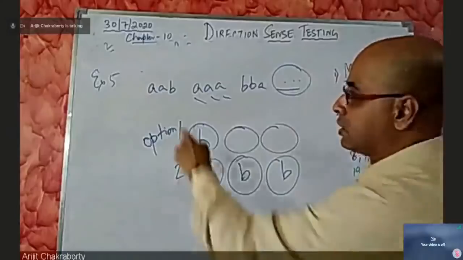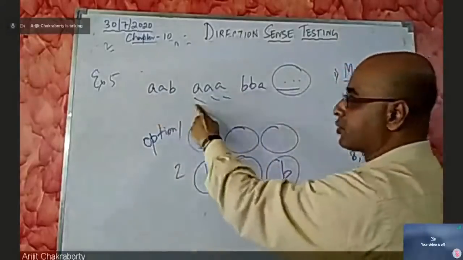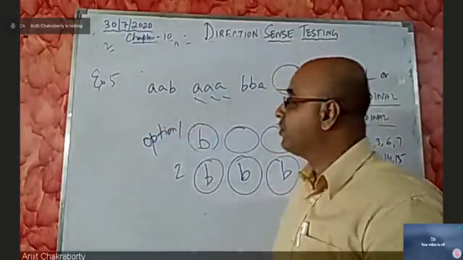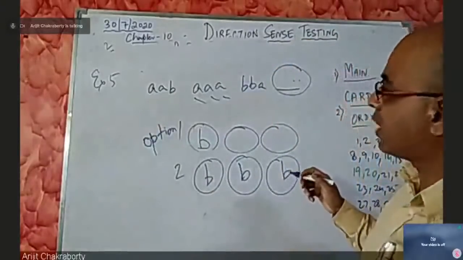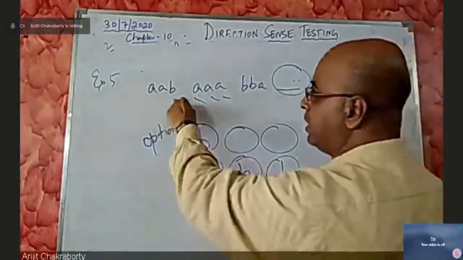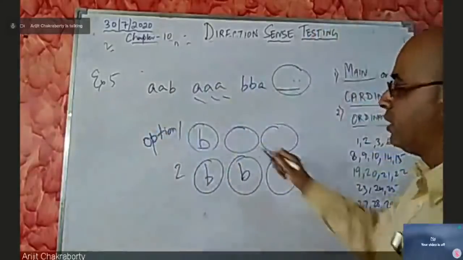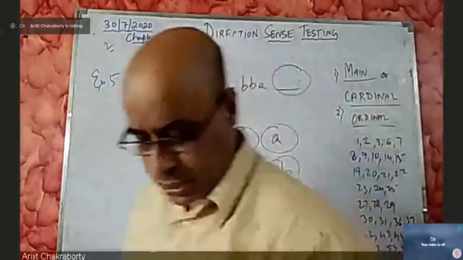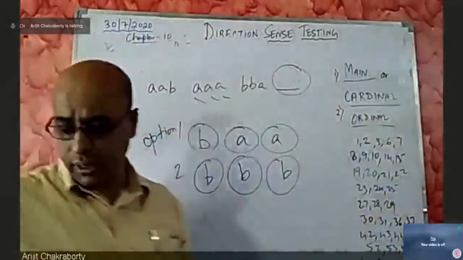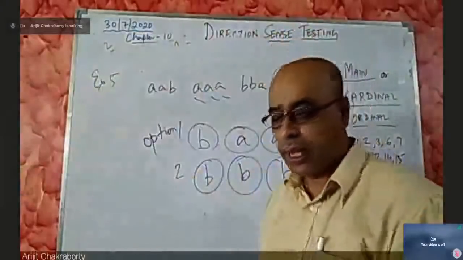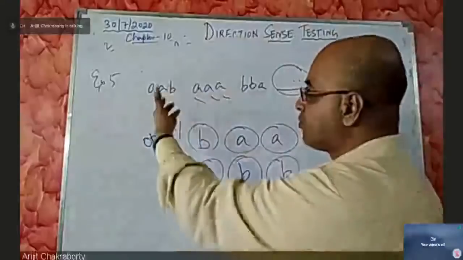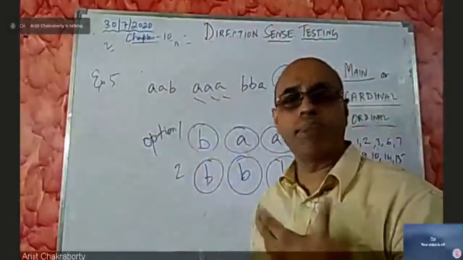Possible. 2 A's, here 2 B's. 3 A's, so here it should be 3 B's. The other option is AAB, so a mirror image of this can be BAA. These two are coming to my mind after looking at this problem. And of course, the rhythm of the sequence might have multiple answers.